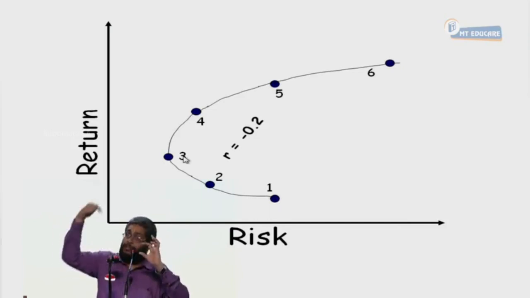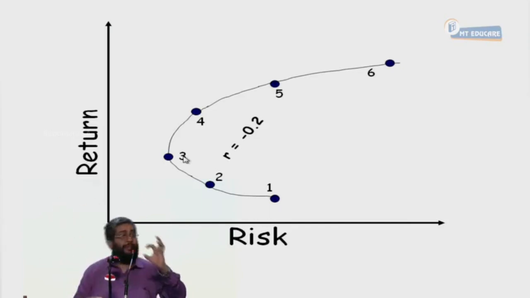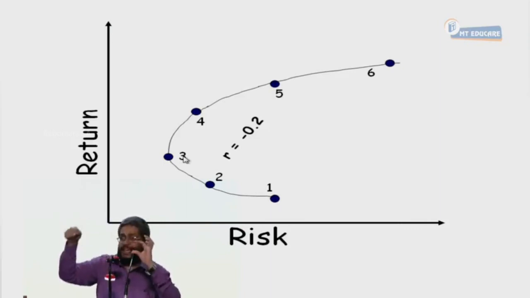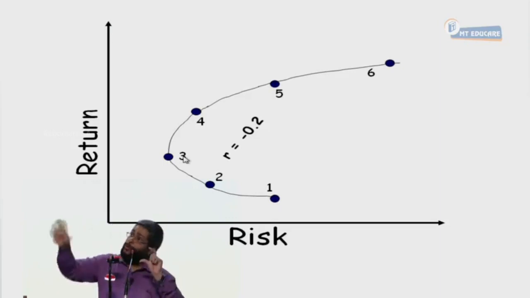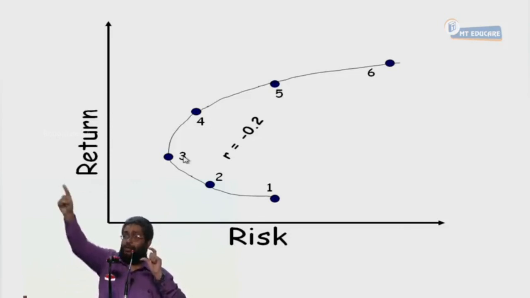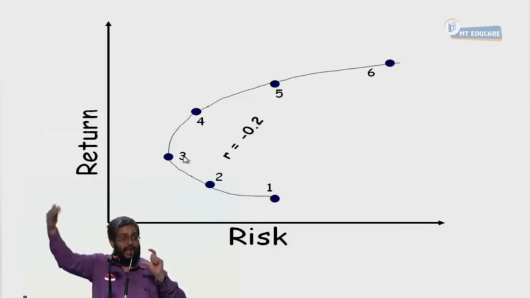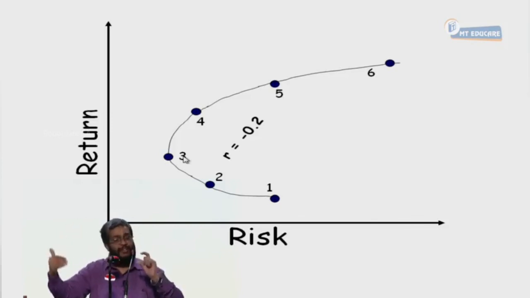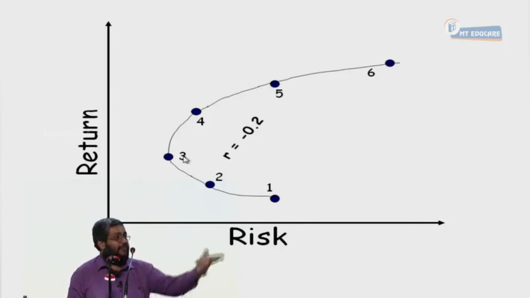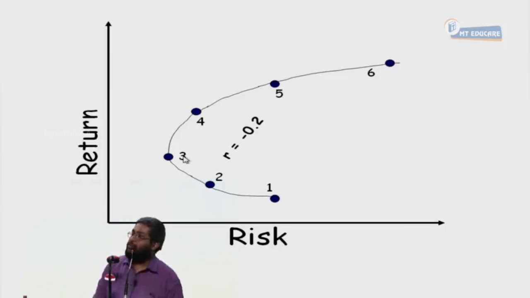If B gives more return for the same risk, A is inferior. Or if B gives the same return as A but for a lower risk, A is inferior. For A not to be inferior, there should be no other B that gives more return for a lower risk, more return for the same risk, or the same return for a lower risk. If a portfolio is like that, I call it an efficient portfolio.